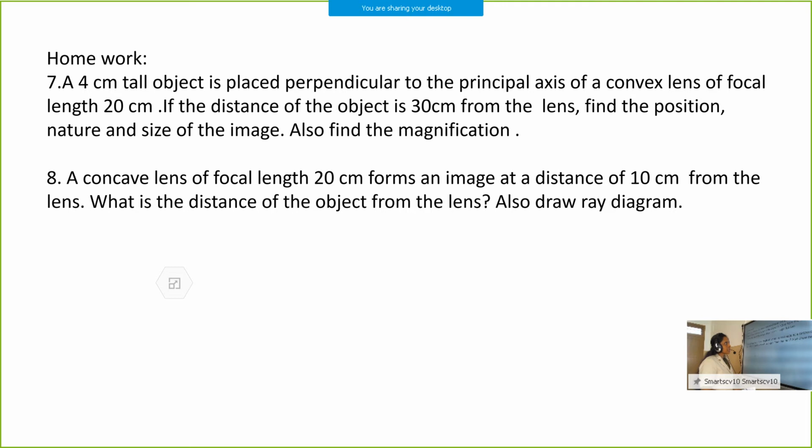If the distance of the object is 30 centimeter from the lens, find the position, nature and size of the image. Also find the magnification.